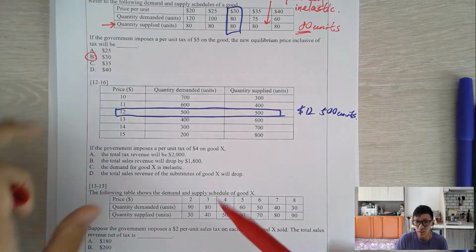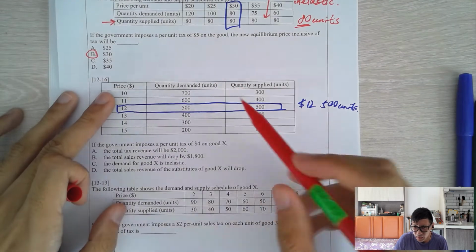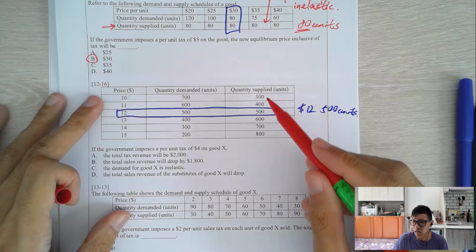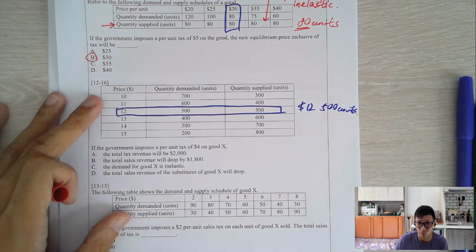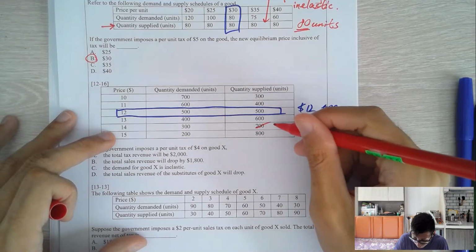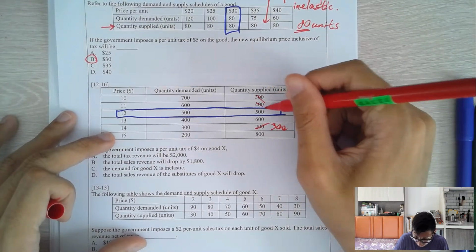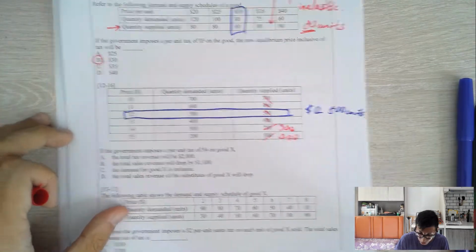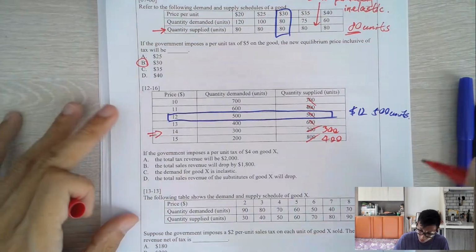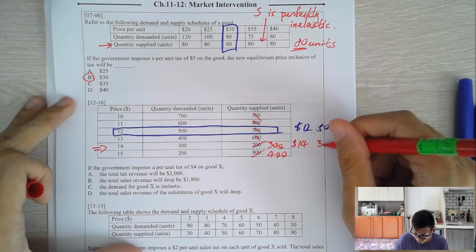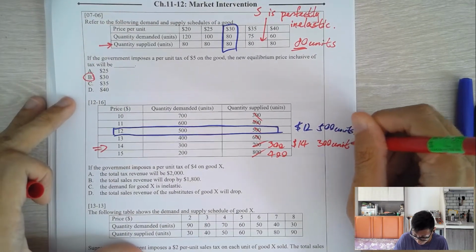Originally $10, I'm supplying 300 units. Now you're adding $4 to me. Therefore, I need $14 to produce 300 units. Same, 400. You will see the new equilibrium would actually become $14, 300 units.